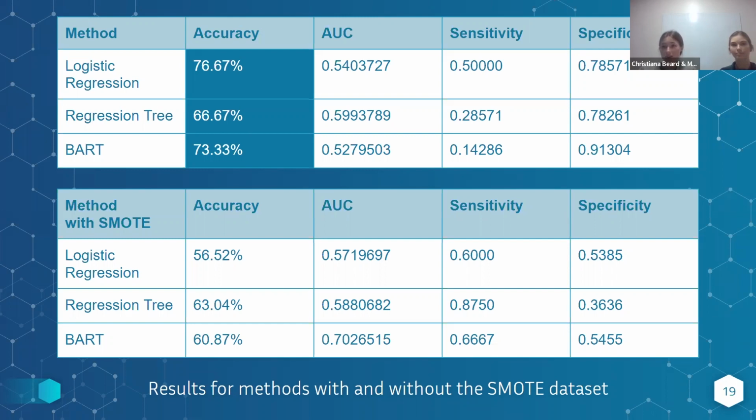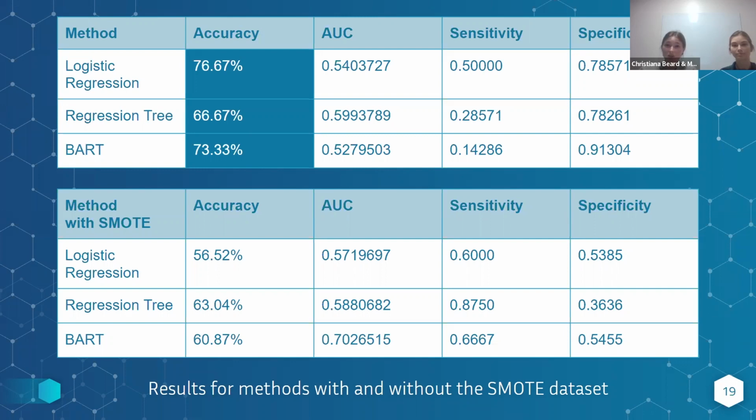Specificity is when our model predicts a death or transplant outcome correctly. In general, sensitivity and specificity are inversely related, which we can see here in our general methods. We see sensitivity is typically lower, whereas our specificity is higher, again from that inverse relationship.